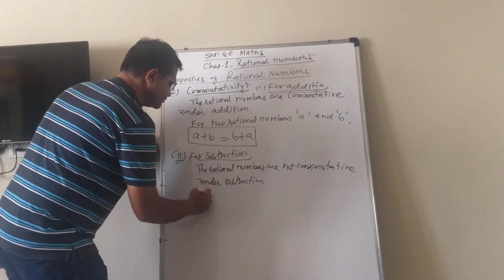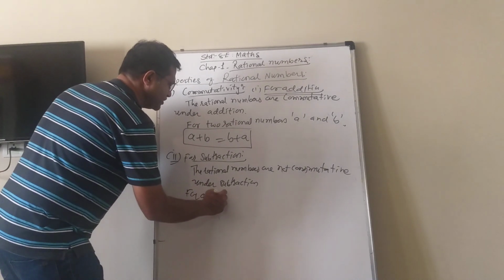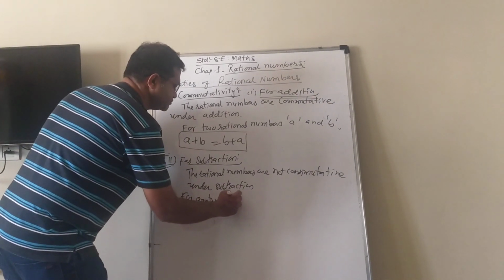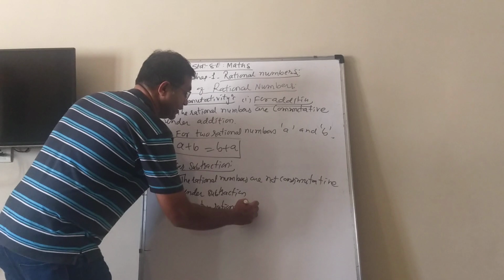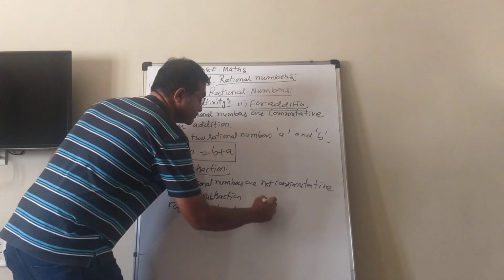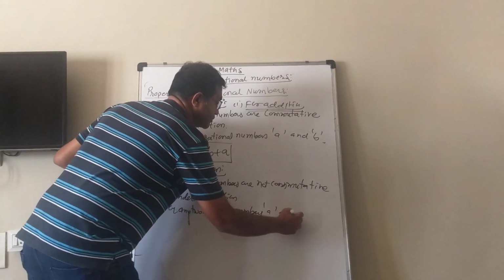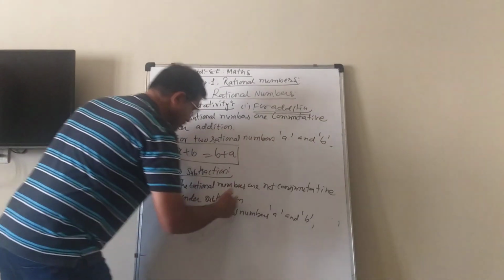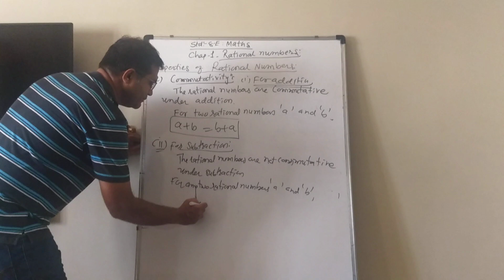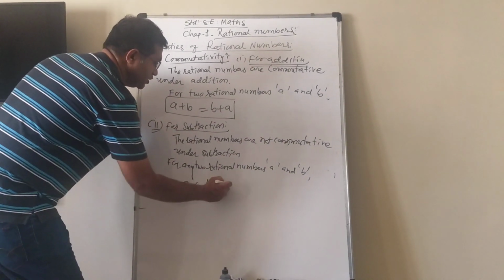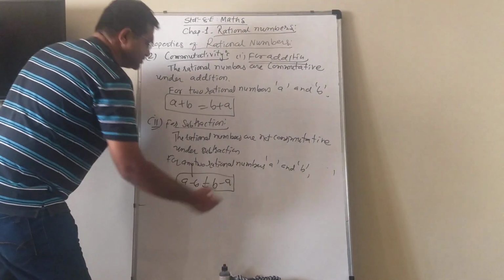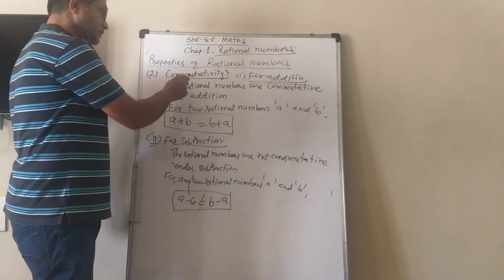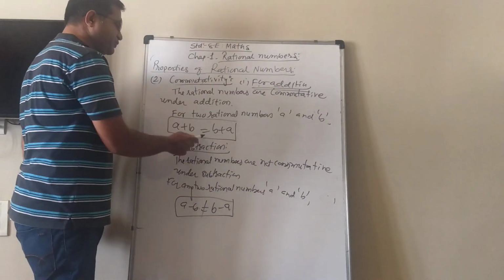Therefore, for any 2 rational numbers A and B, A minus B is not equal to B minus A. It means that in commutativity, addition is possible.